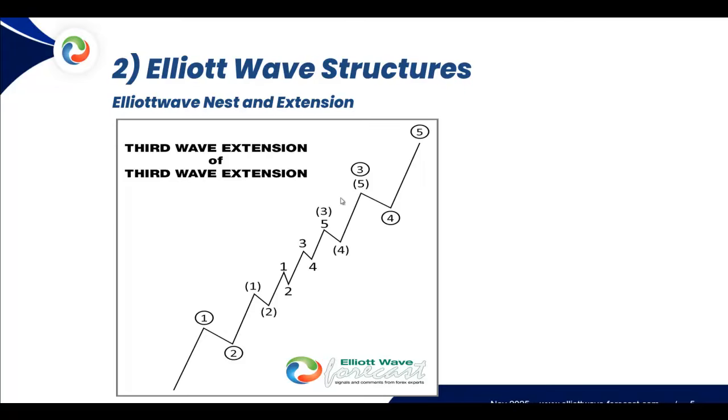In that case, what you have is what we call a nest: 1, 2, 1, 2, 1, 2. This is a triple nest.